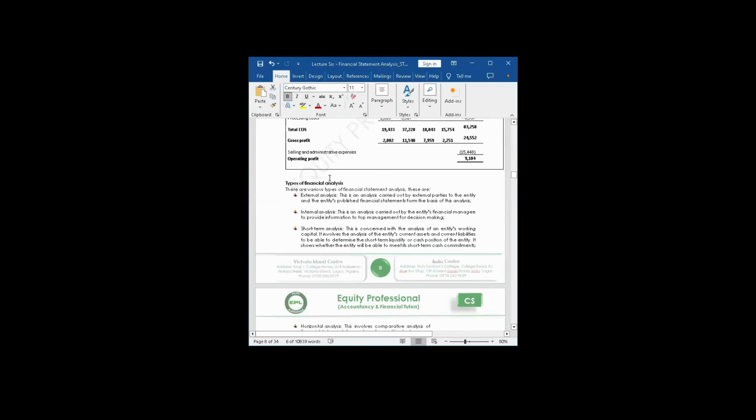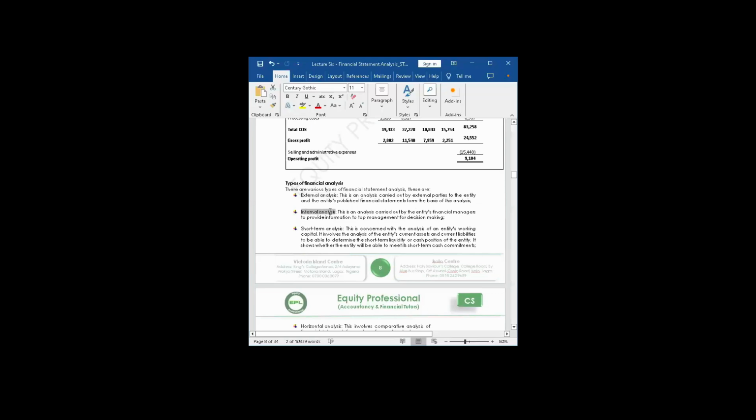Now let's look at the types of financial analysis that we have. We have the external analysis. This is analysis conducted by an external person or analyst to the organization. If I'm not part of the organization and I'm conducting analysis on that organization, that is called external analysis.